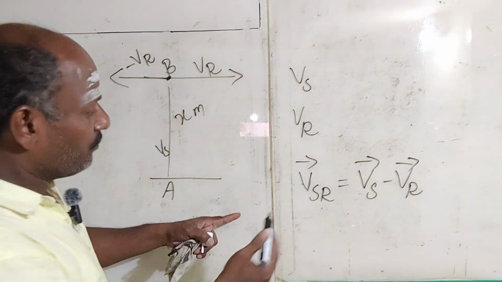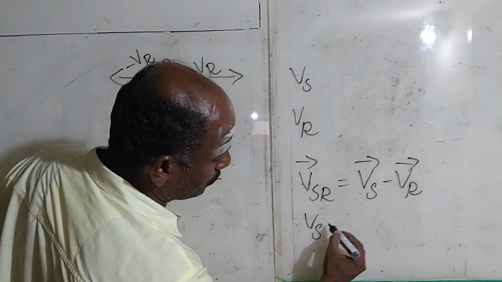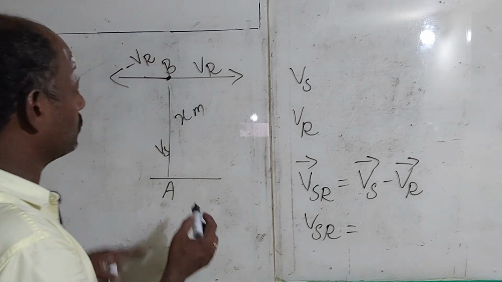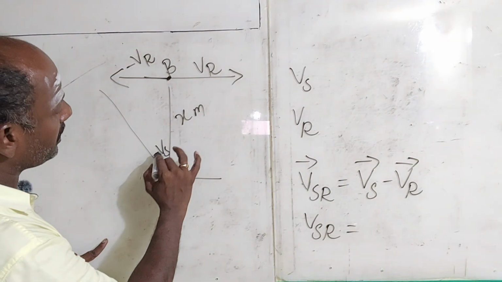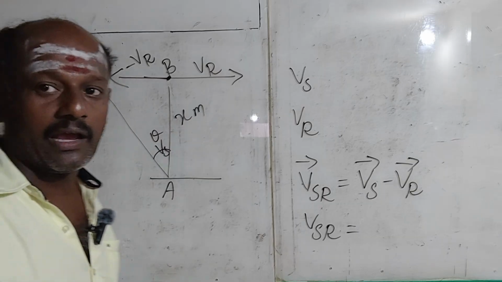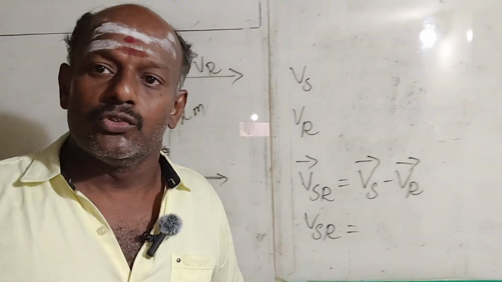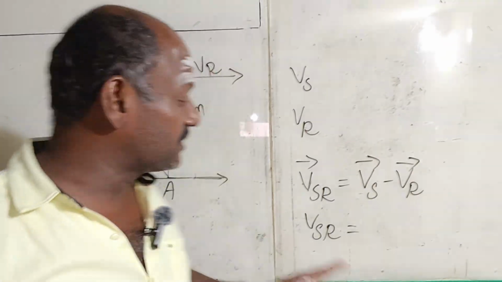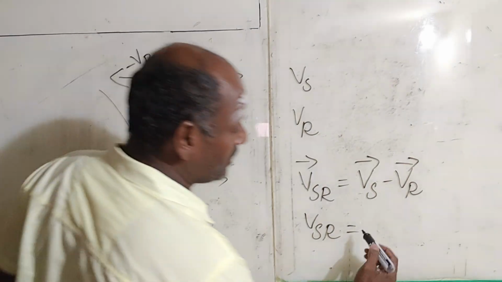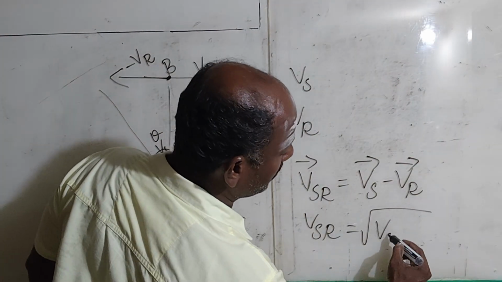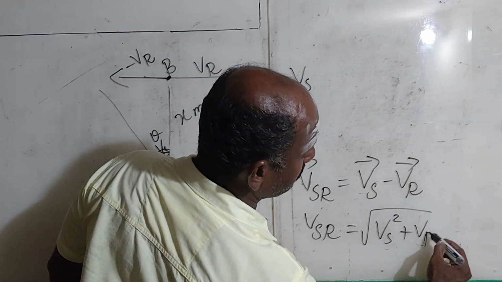So Vsr will be equal to, I have to draw the line here. So this will be the angle. So what should be the velocity of the person with respect to the river? According to vector addition, it will be square root of Vs squared plus Vr squared.